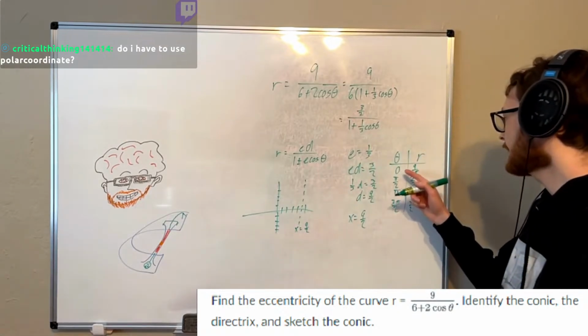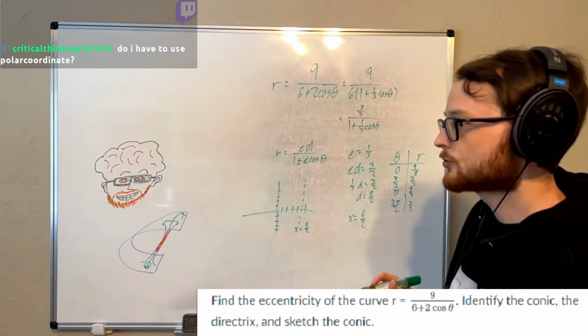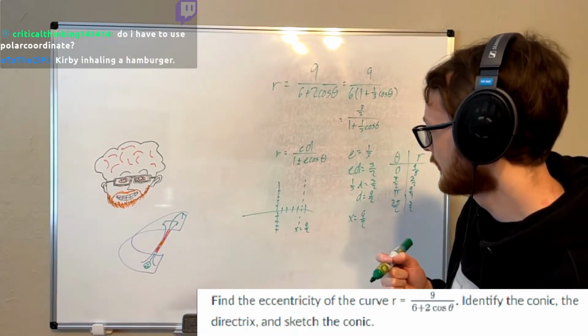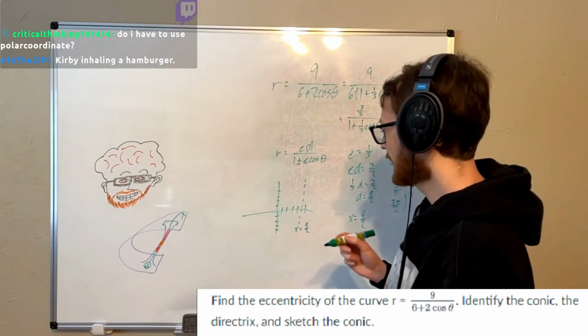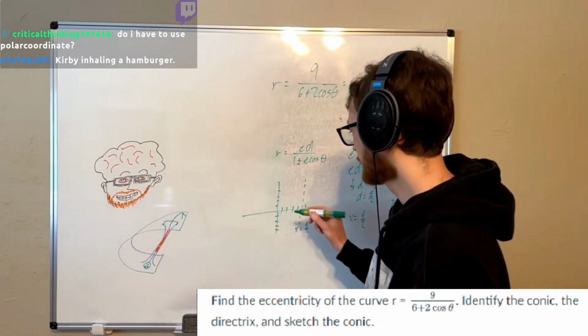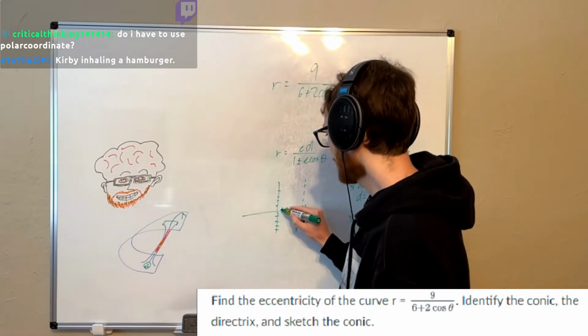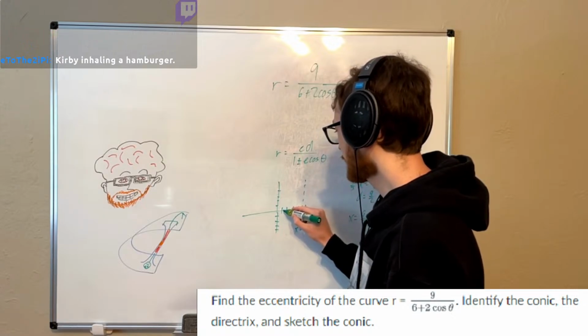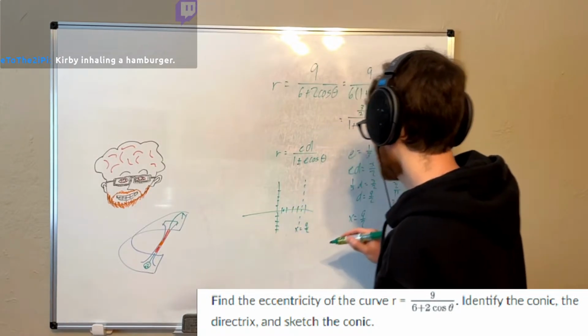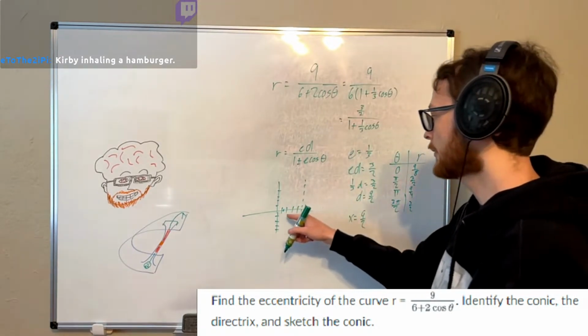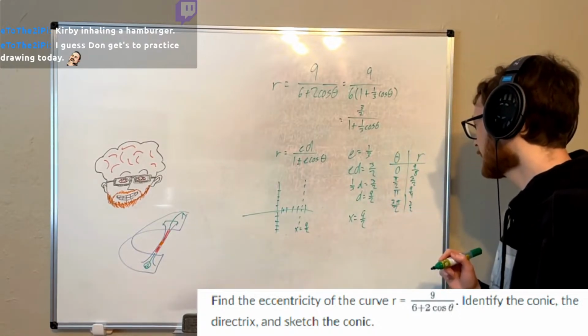So when theta is 0, r is 9 over 8. That's just over 1. So at least that means we have a point right about there. When theta equals 0, we go just past x equals 1.